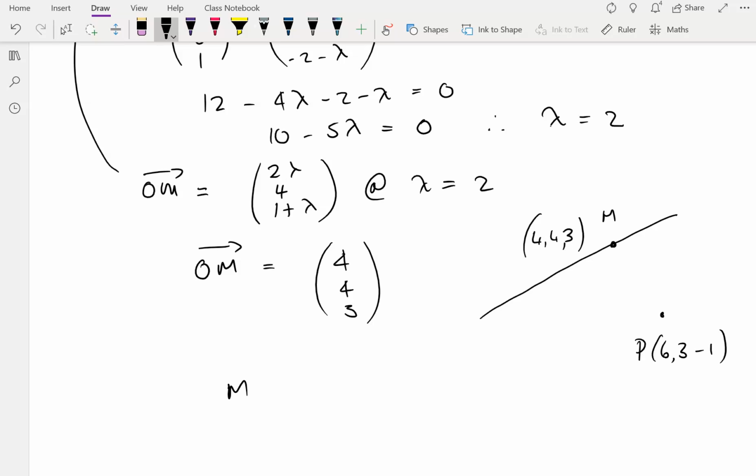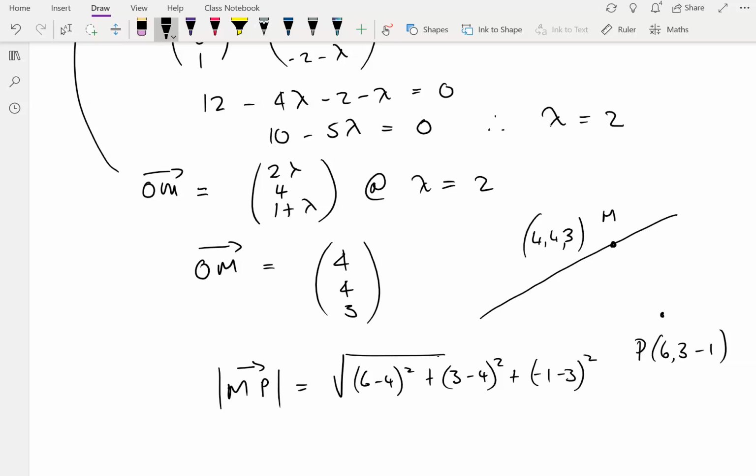And if I want to find the length of MP, it's simply going to be the square root of (6 minus 4) squared plus (3 minus 4) squared plus (-1 minus 3) squared.